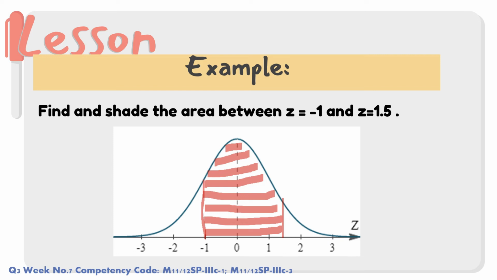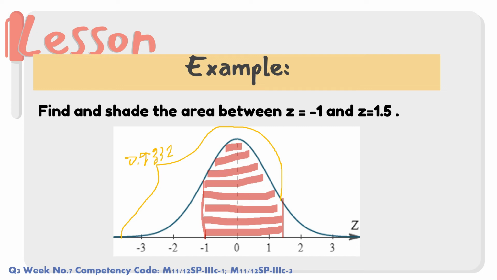First, we're going to find the area to the left of 1 and 5/10. Looking at your z table, it will give you 0.9332. The area is 0.9332.